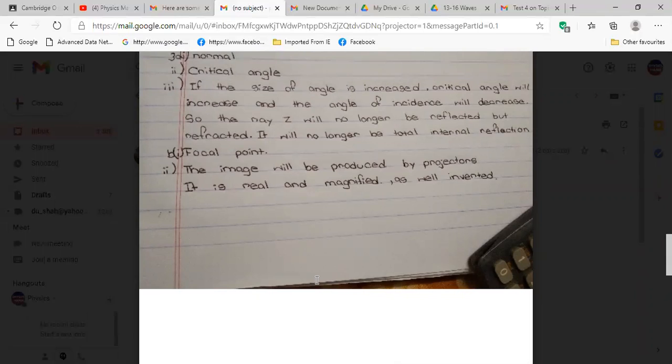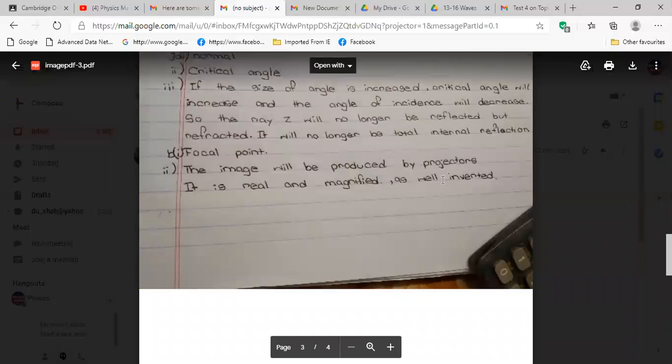If it is diminished, and it is produced by camera or eye. Is it clear? Yes, sir, because the image size is smaller. It's not magnified.